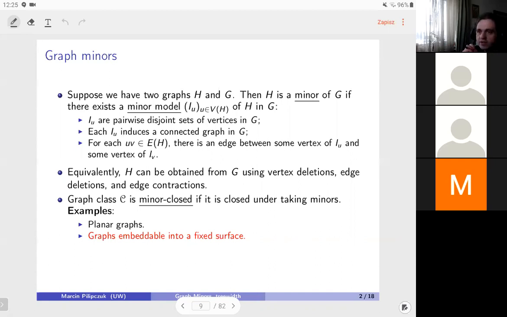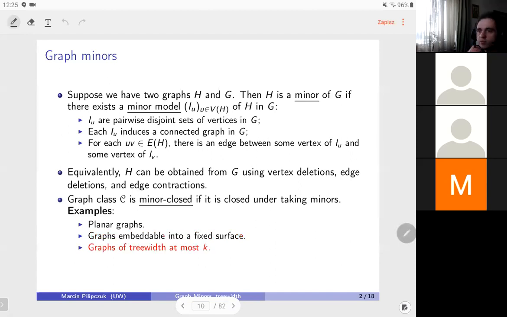So graphs embedded on a fixed surface also form a minor closed graph class. Taking a minor doesn't lead out of the graph class, and this will be a very important example a few lectures later. In some vague sense, it is the canonical example of a graph class closed under taking minors, graphs embedded on a fixed surface.